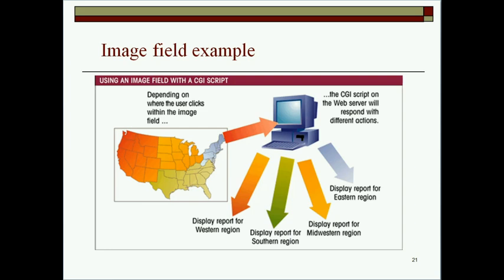And the HTML file, the form, is only used to allow the user to click on a map of the US and provide you the coordinates of the click. And then the handler program will use the coordinates to identify where exactly you clicked and then generate the report.